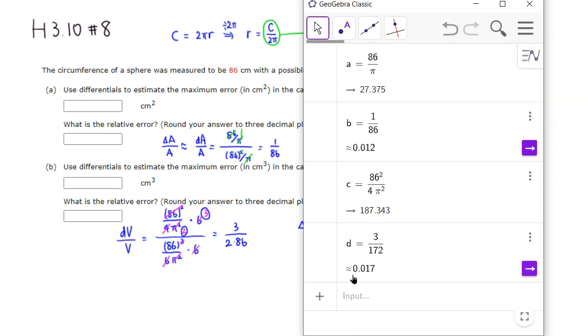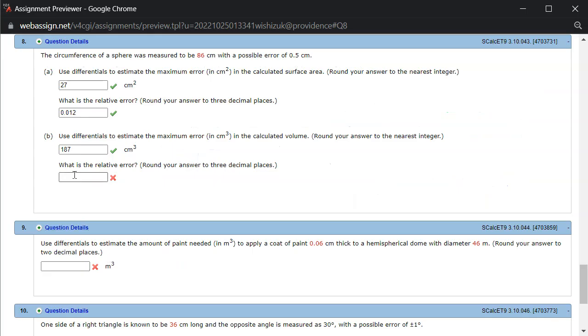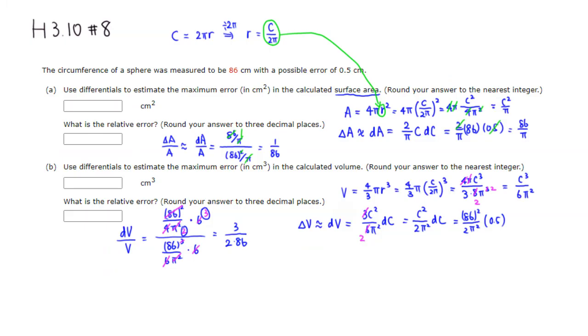So it's going to be 0.017, right? Let's check the answer. All right, it came back and looks like we got the second part correctly as well. All right, that's it. I hope that this was clear.